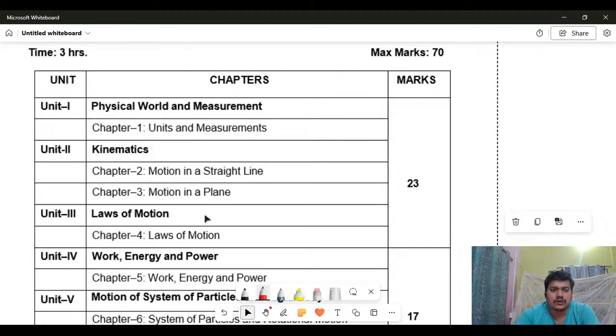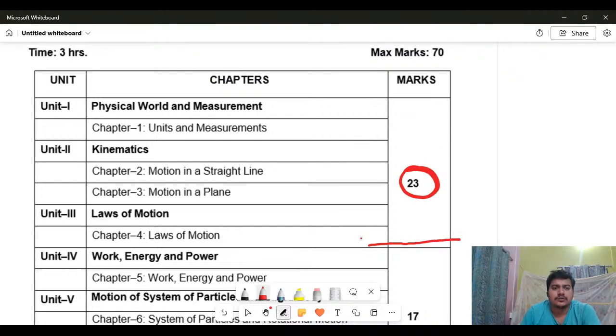Up to here, up to laws of motion, you can find 23 marks. I must tell you, this first chapter is the very least important chapter, because here only units and measurements are there, and these things you will have learned in class 9 and 10.